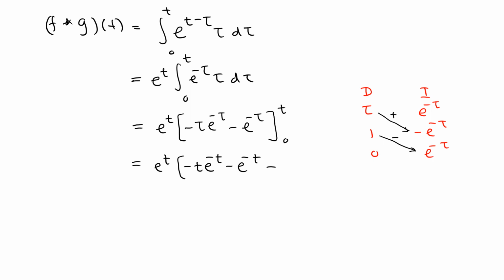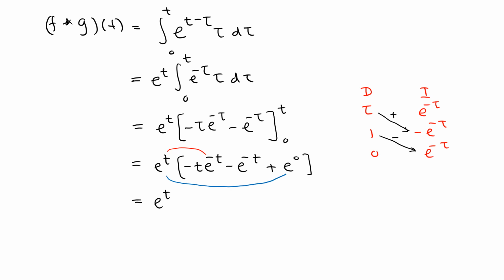Once you plug in 0, the tau term is gone, and with the negative sign it becomes plus e^0, which is 1. So if you simplify, you can see when you multiply these two, the e^(-t) gets cancelled, and from the last term you're gonna get e^t. So you get e^t, because if you multiply the first one with the last one, you get e^t.